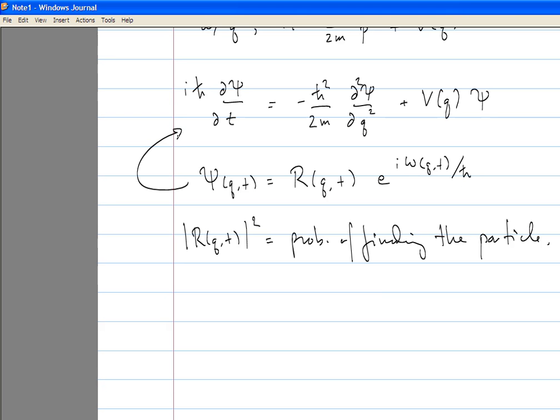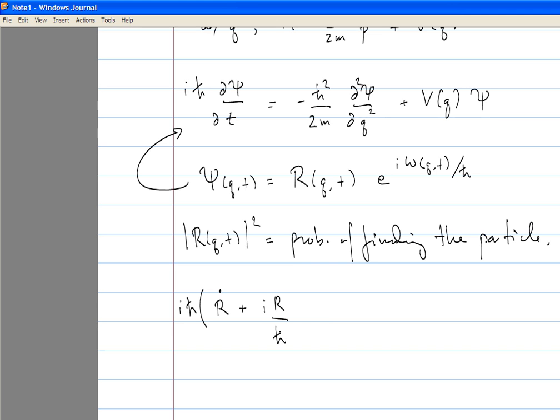Well, let's write out the left-hand side of that equation. So the left-hand side of that equation is i h bar, and then there's two terms. There's a term coming from the derivative of r, and a term coming from the derivative of w.